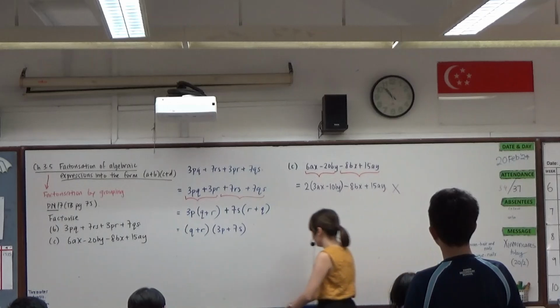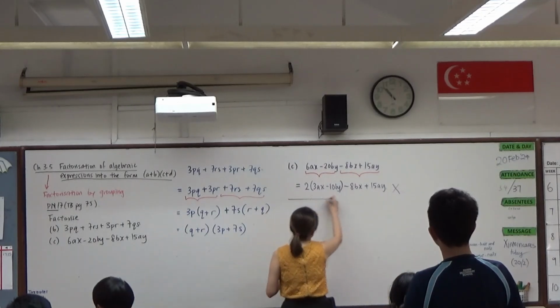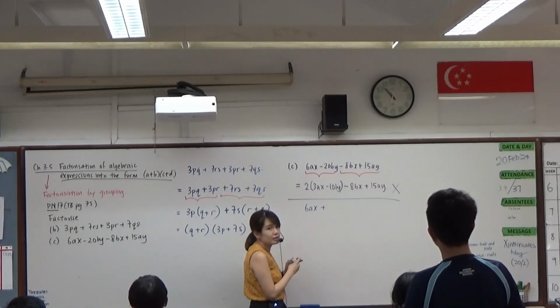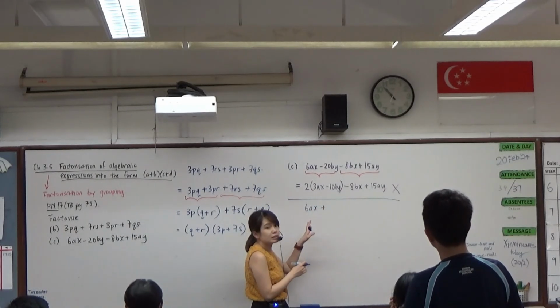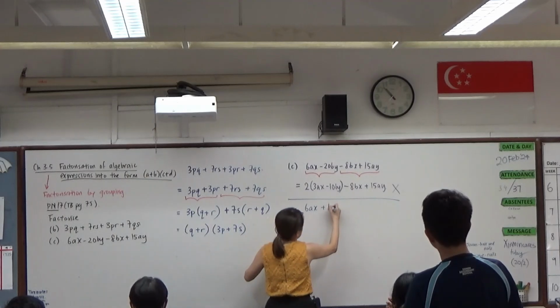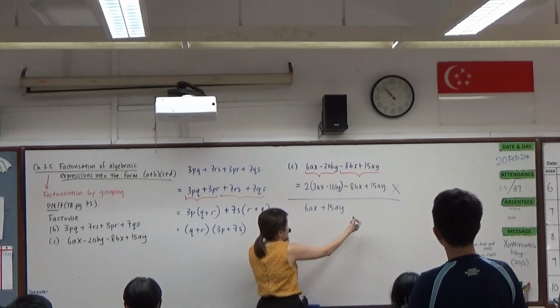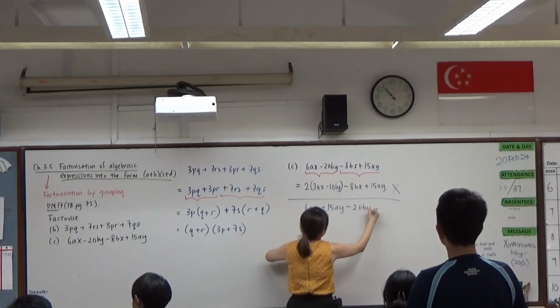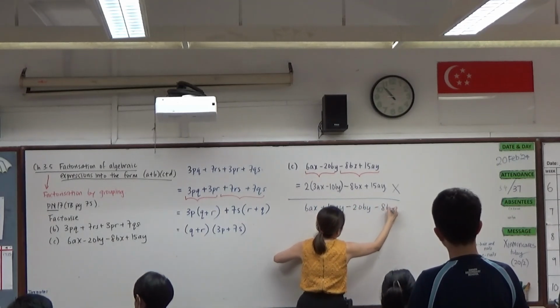So we rearrange the terms. 6ax plus 15ay, followed by the other two terms.